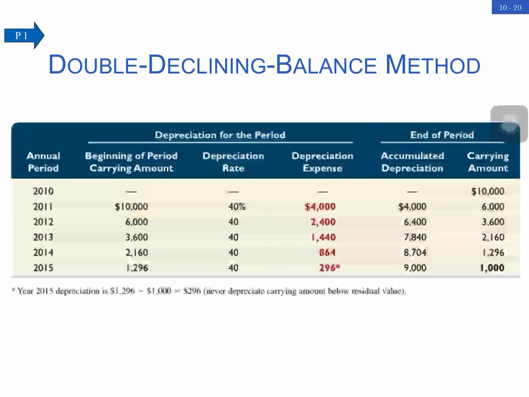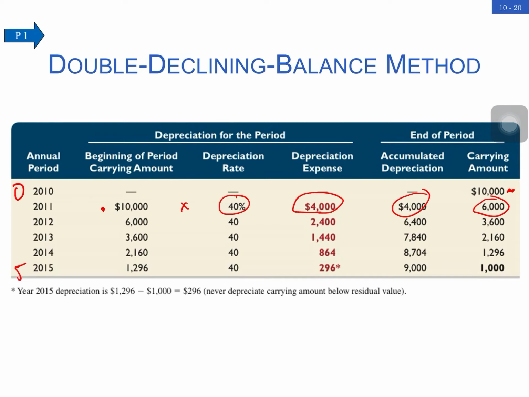Let's see the schedule of the double declining balance method from year 0 until year 5. Okay, and the carrying amount is 10,000 at year 0, and then you copy them here. The depreciation rate 40%, you multiply them, you get 4,000, and then accumulated depreciation 4,000. The carrying amount will be 6,000, right?